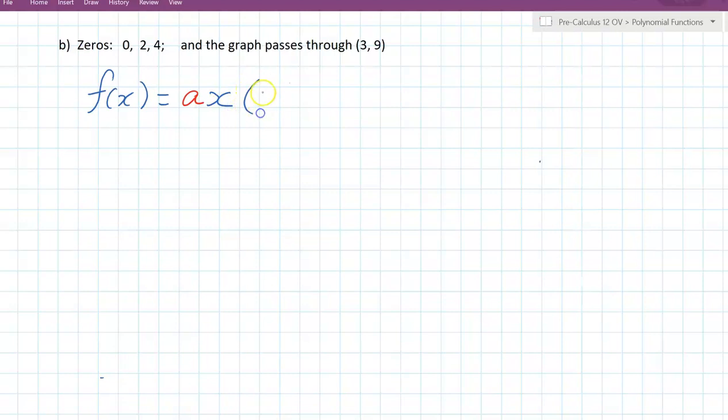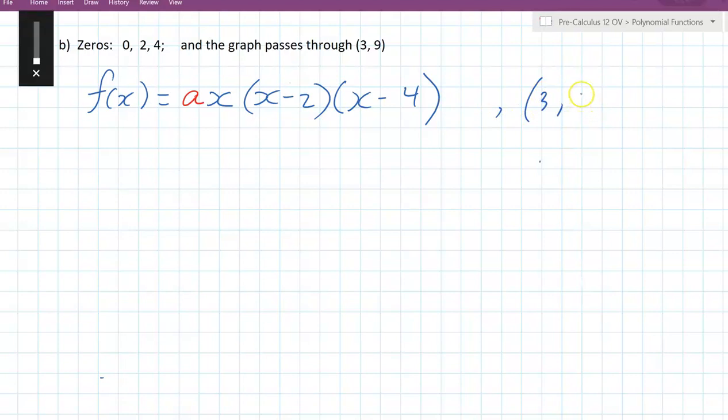The next factor will be x minus 2 because of the root 2, and because of the root 4, the next one will be x minus 4. We know that these are the zeros. We can sketch the graph quickly, but before that, let's solve for a, given that we have the coordinate (3, 9) on the graph.